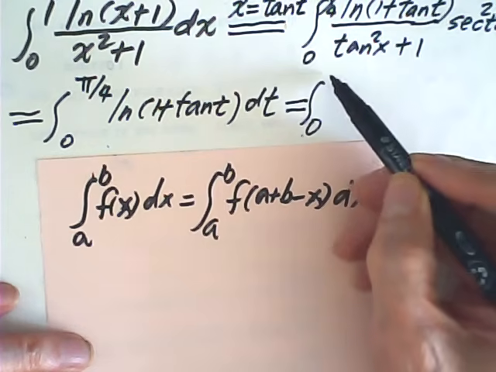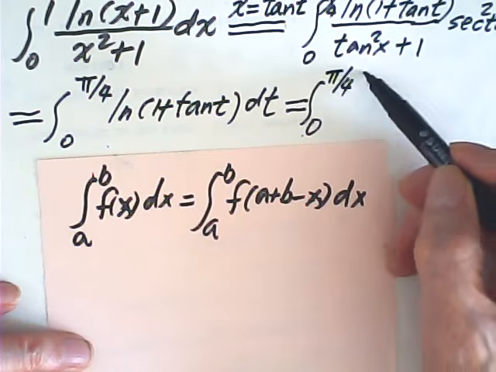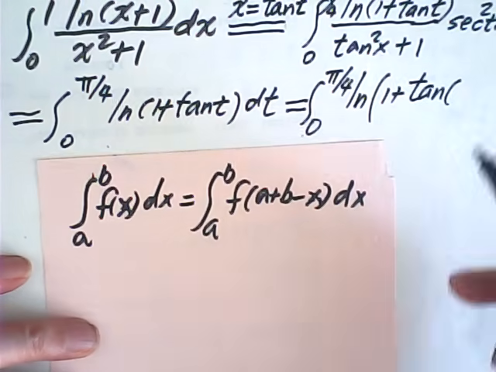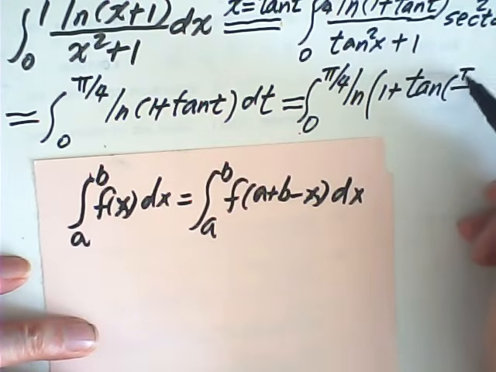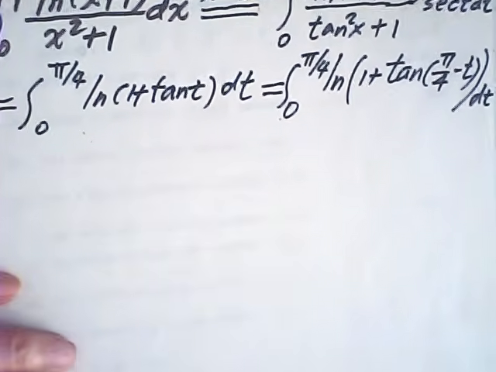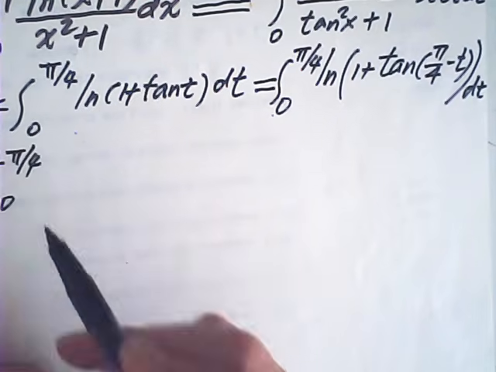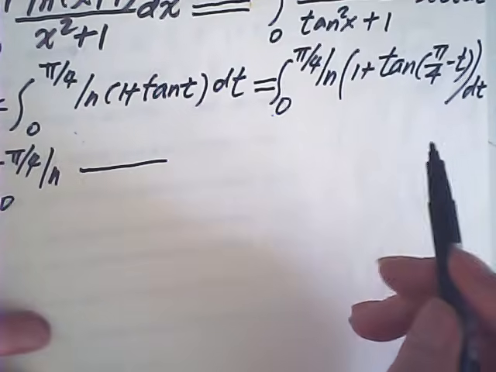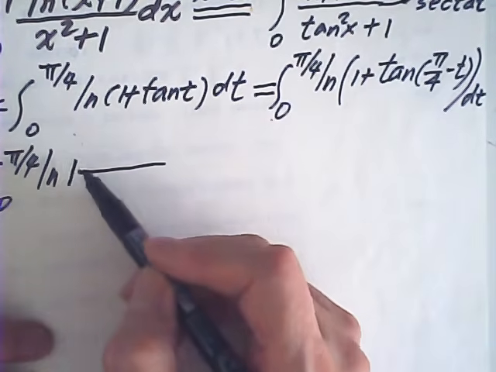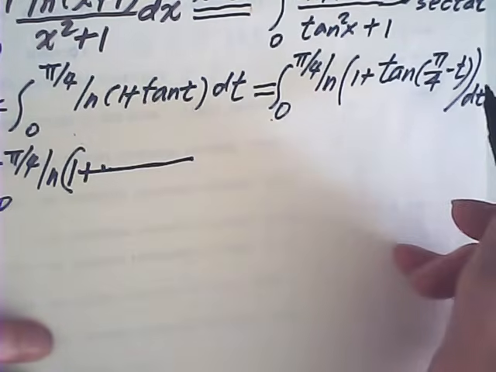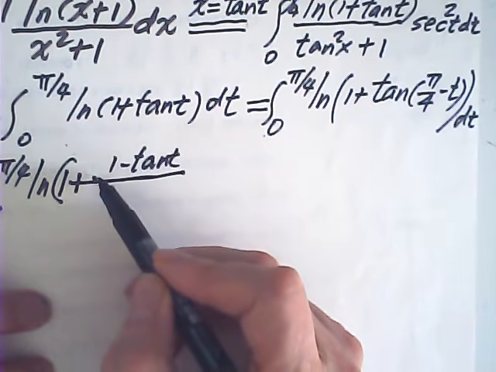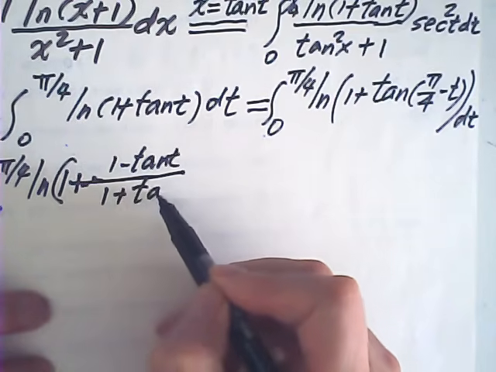This will be equal to the integral from 0 to quarter pi of natural log 1 plus tangent of (a plus b minus t), I mean quarter pi minus t, dt. Tangent of quarter pi minus t is 1 minus tangent t over 1 plus tangent t.